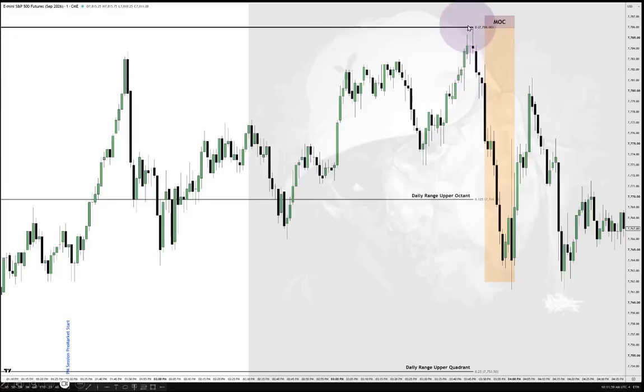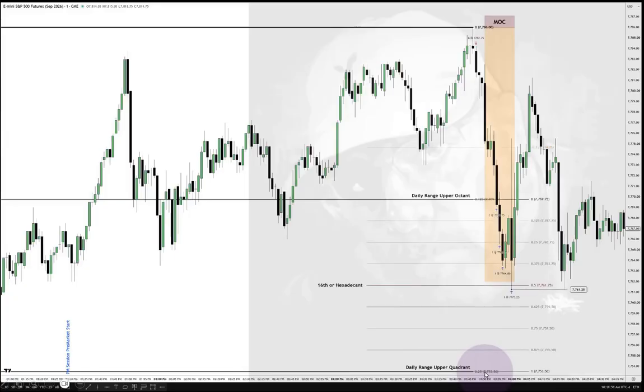My experience allowed me to know that this is reversing. But if this would have been your entry, that's fine. We're going to go with that. As soon as it starts to break down and takes out that low, you can then assume that that's the high and the lowest low that was formed in the morning session. You would get these levels, upper octant, upper quadrant, those two price levels.